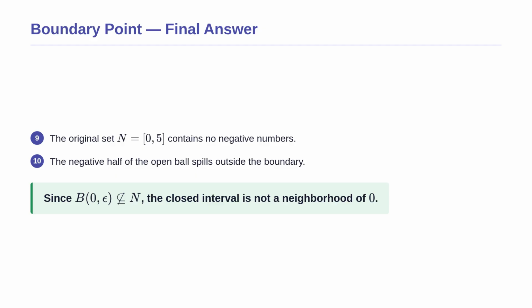This set does not contain any negative numbers whatsoever. Therefore, the negative numbers we just found in our open ball cannot possibly be in our set. The negative half of our open ball has completely spilled outside the boundary. It is physically impossible to fit a protective bubble around 0 that stays inside the set. Thus, we conclude that the closed interval is not a neighborhood of the point 0.